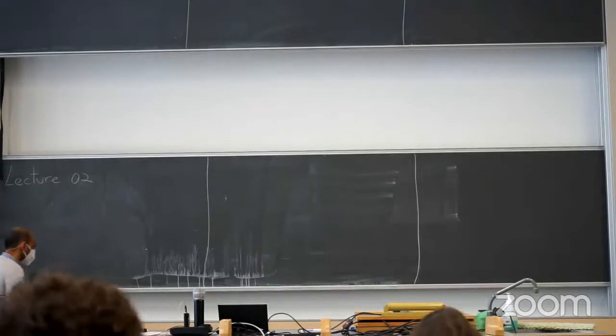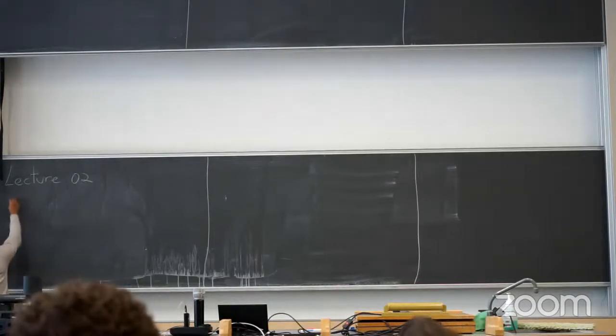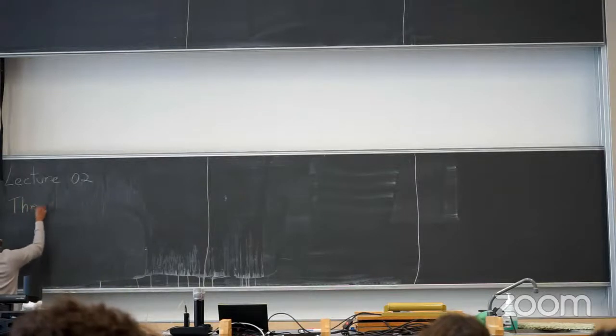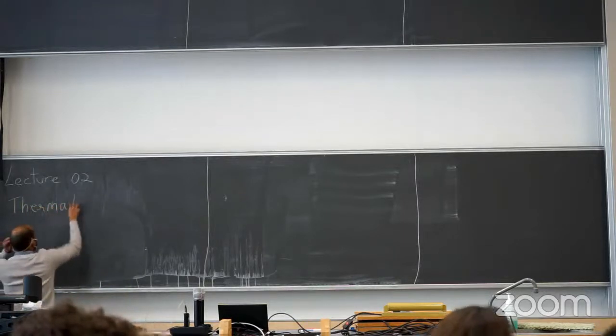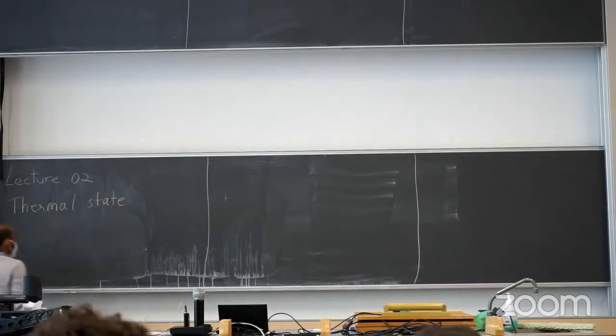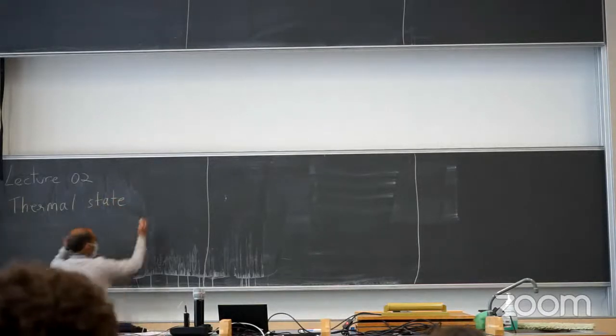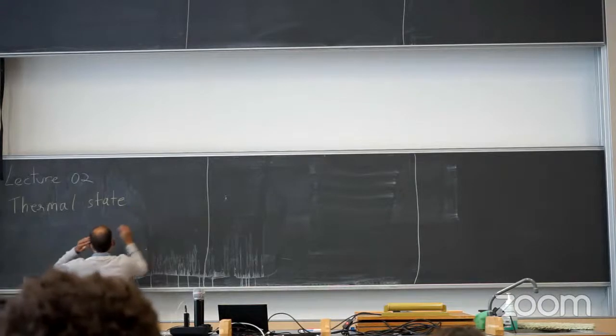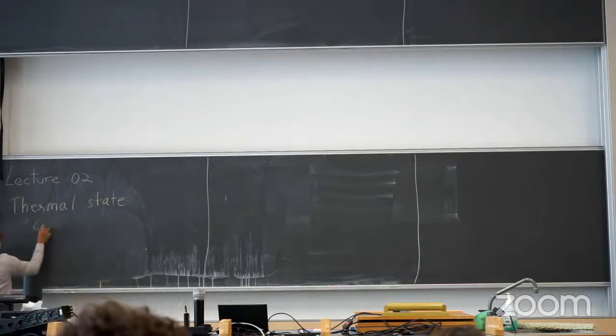So the concept of a thermal state. Yesterday I just stated the definition of the Gibbs state. This is what one usually takes for microscopic thermodynamics as a thermal state.